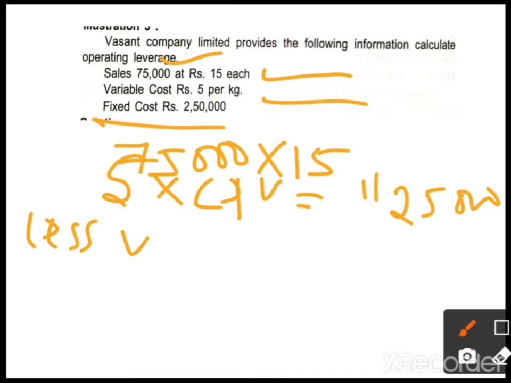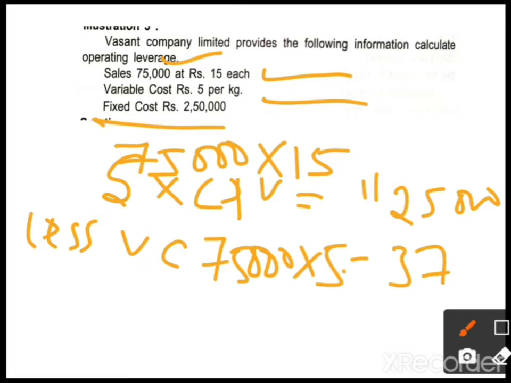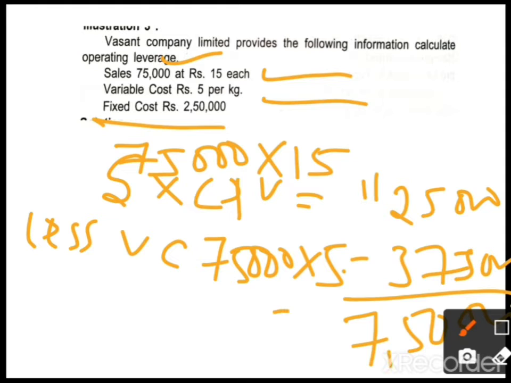In that, less variable cost. So the number of units 75,000 into the variable cost per unit, 5 rupees, is 3,75,000. So 11,25,000 minus 3,75,000, we will get 7,50,000, which is the contribution.